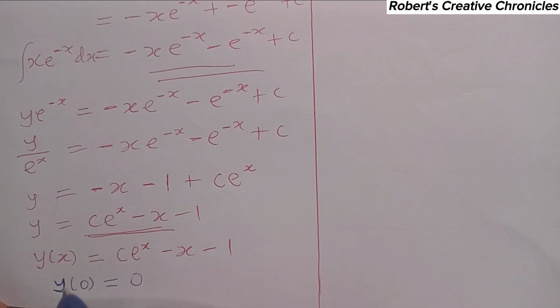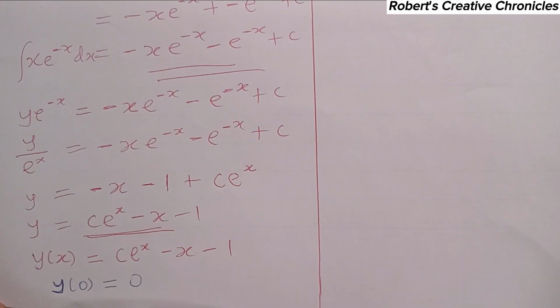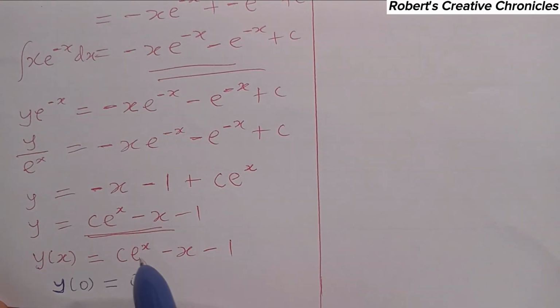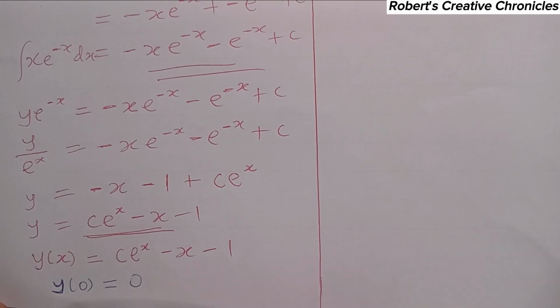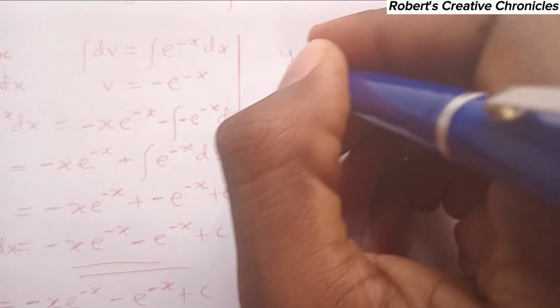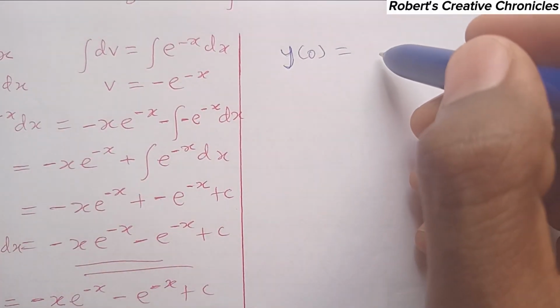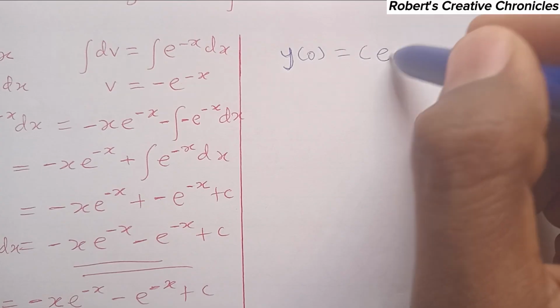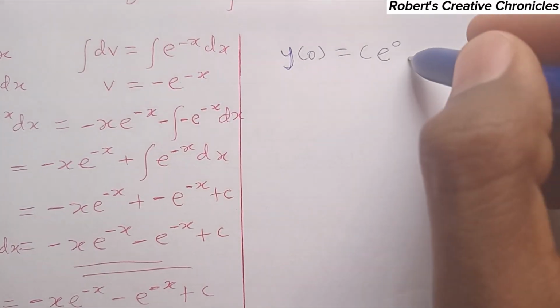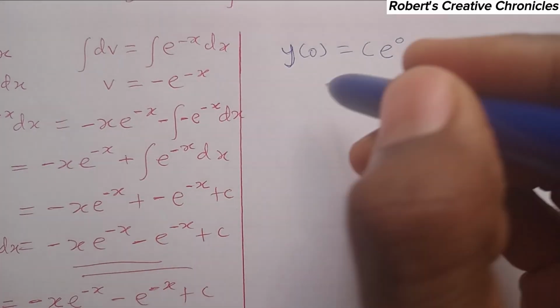So now, in the same way, we are going to substitute 0 in the function that we have found. When we substitute 0 here, y(0) is equal to what? C e^0 minus 0 minus 1.